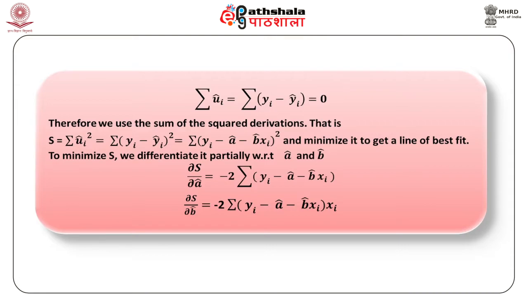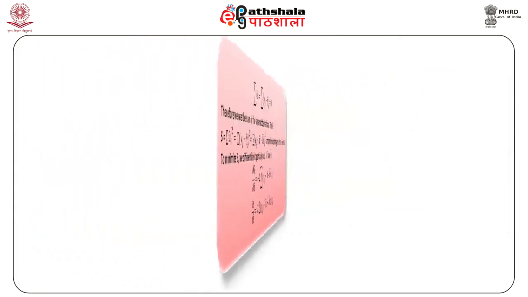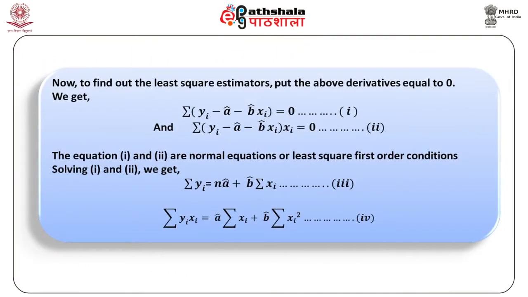The partial derivative of S with respect to b cap equals minus 2 multiplied by summation of yi minus a cap minus b cap multiplied by xi, which is further multiplied by xi. Now to find the least square estimators, put these derivatives equal to 0.